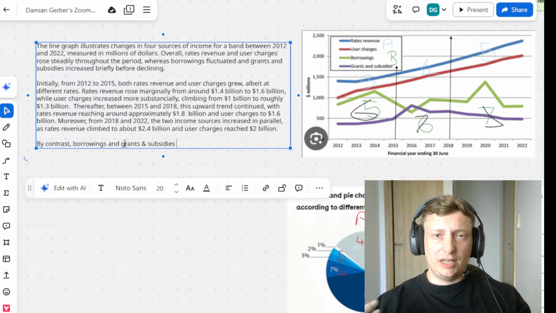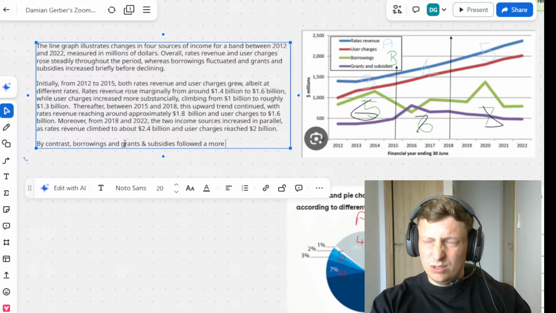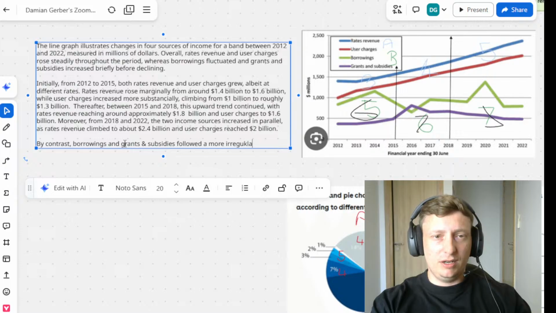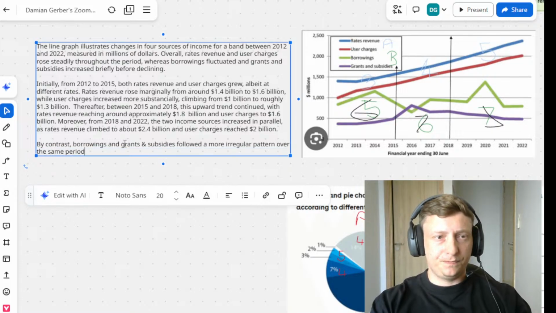So we want to make our statement, right? So our previous statement was that they grew in similar fashion, and now we're making a comparative statement. So let's say they followed a more unusual, irregular, let's go with irregular patterns over the same period.